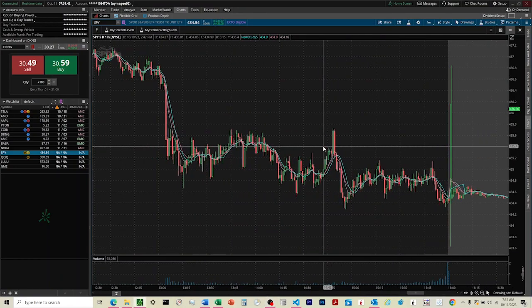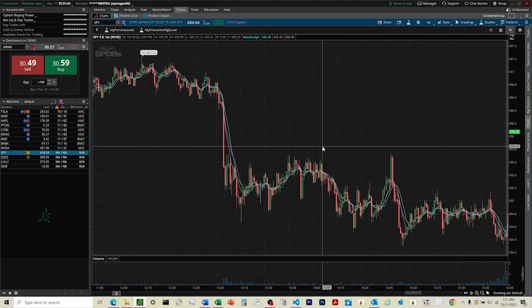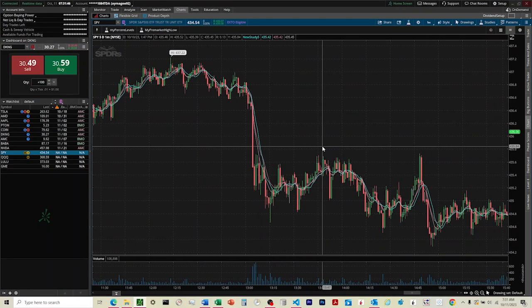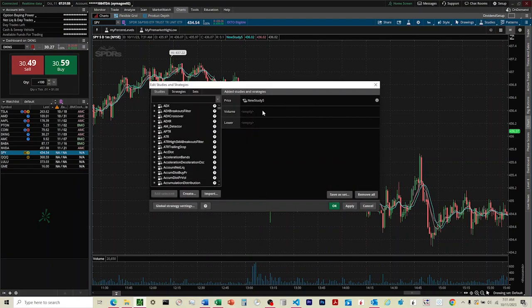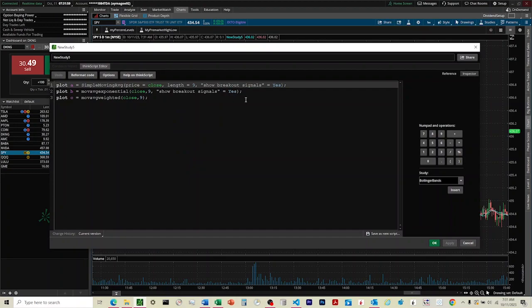You'll notice that these are very close to the price action, and so this is now the 9-minute moving average. It's going to use the candles on whatever chart you're looking at, and because we're looking at minutes now, it's doing that. So if we wanted to continue to see the 9-day moving average for these moving averages, we'd have to specify that.